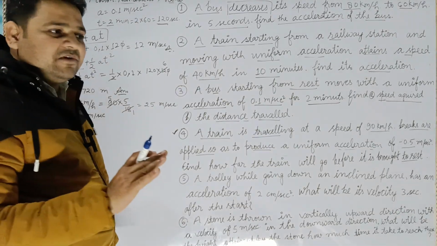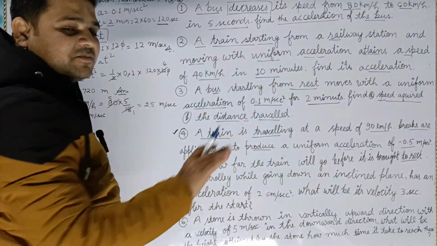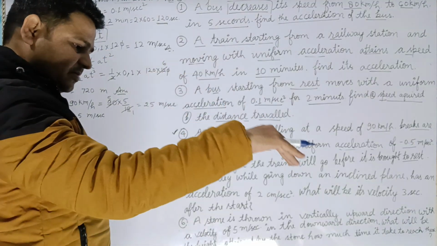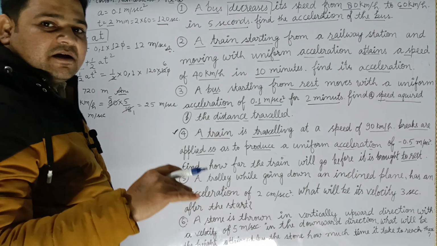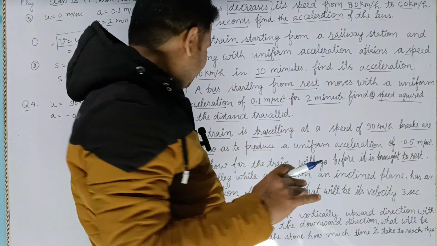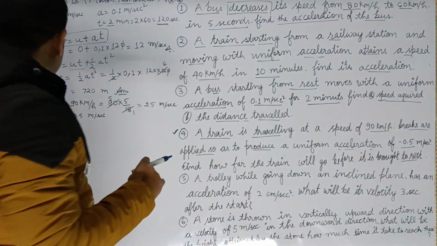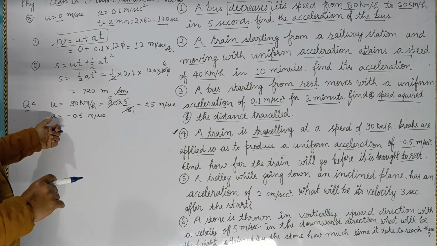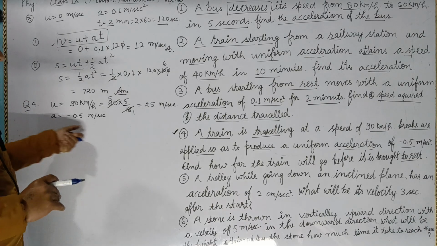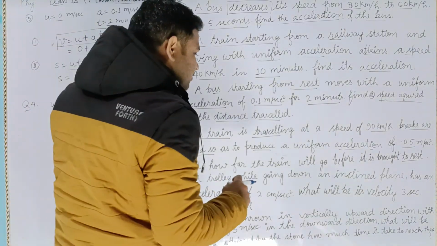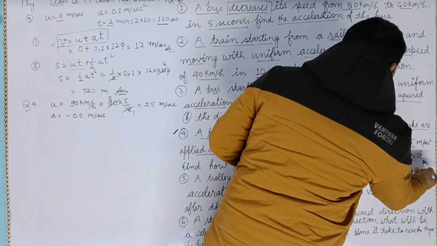When velocity is increased, it is positive acceleration. When the velocity decreases, it is negative acceleration or retardation. So in this question we are given negative acceleration or retardation. Find how far the train will go before it comes to rest.